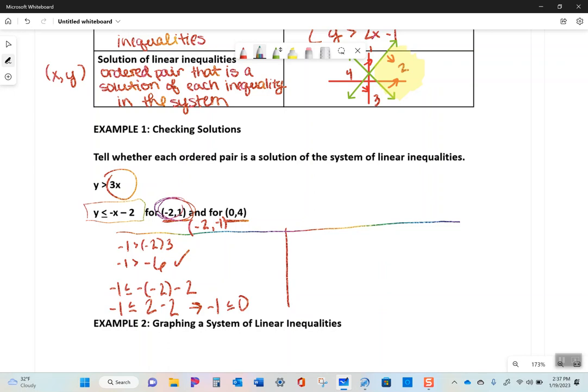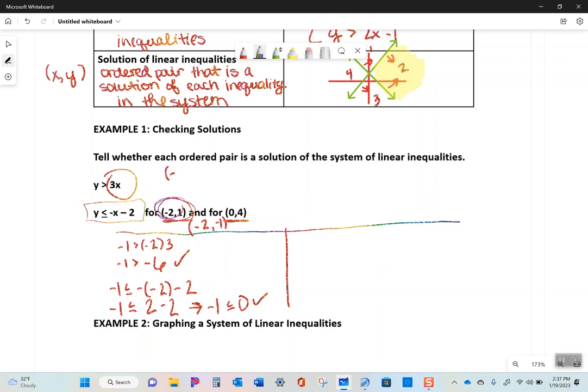Okay, how do we feel about that inequality? Is that true? Yes. All right. So then what does that say about -2, -1? Is that a solution for our system? Yeah.